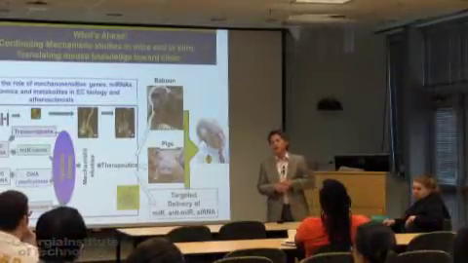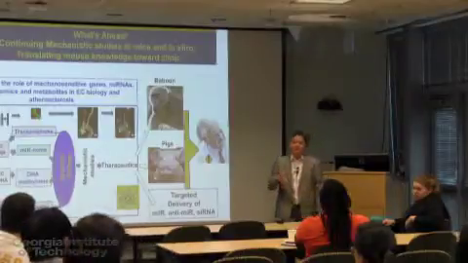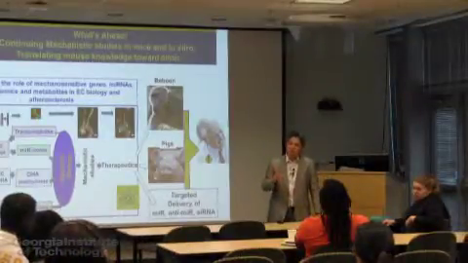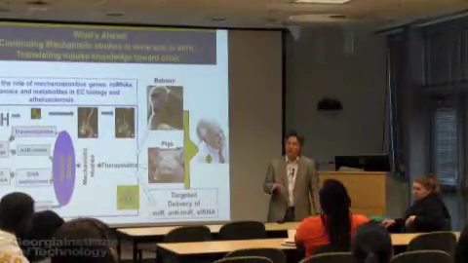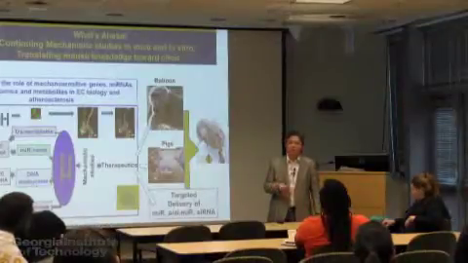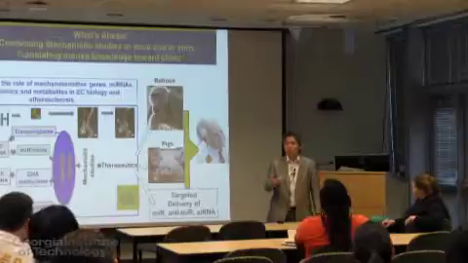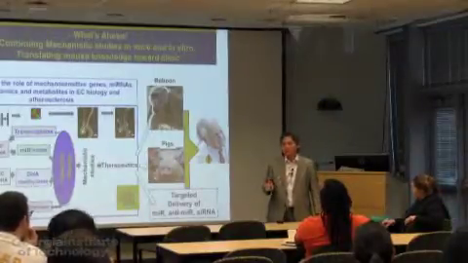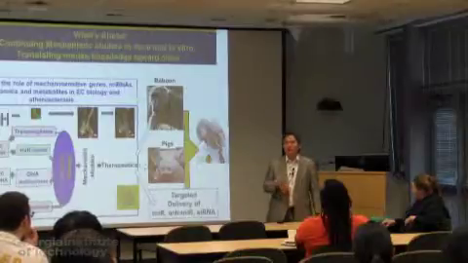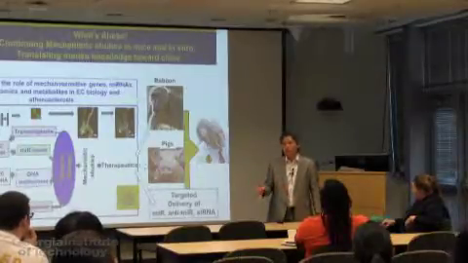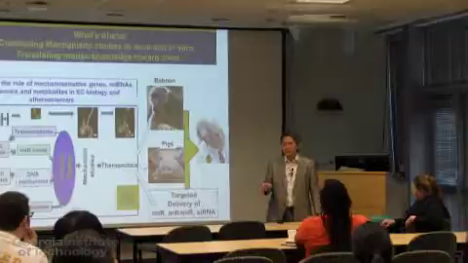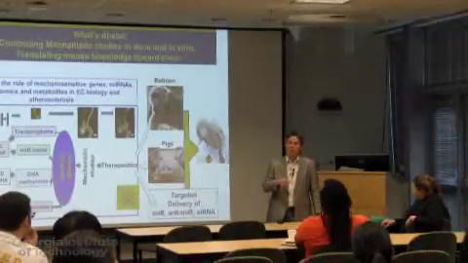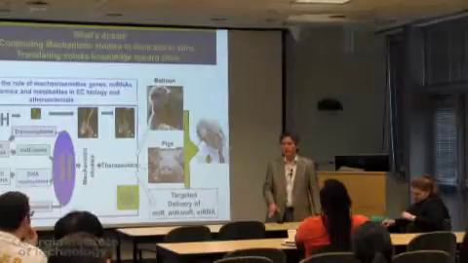It turns out that in our model, DNMT1 is really the major one that changes. 5-AZA is more selective toward DNMT1 than DNMT3. While we cannot exclude a role for DNMT3, I think it has a minor role. The major role seems to come from DNMT1.